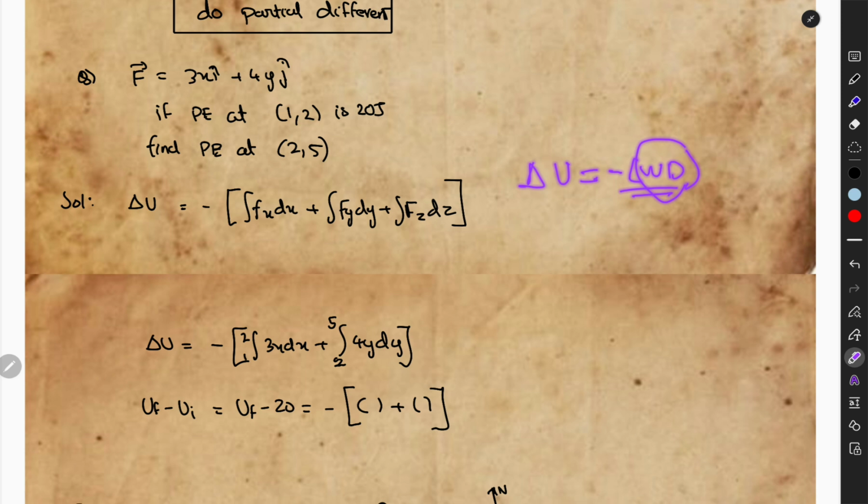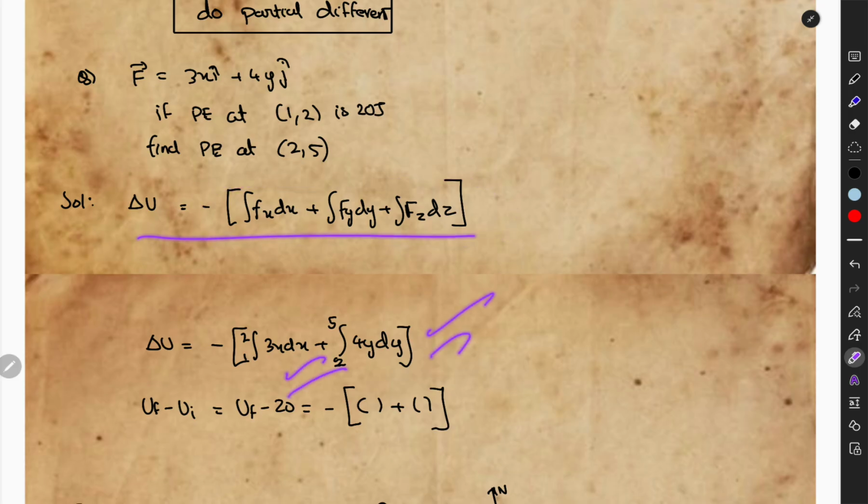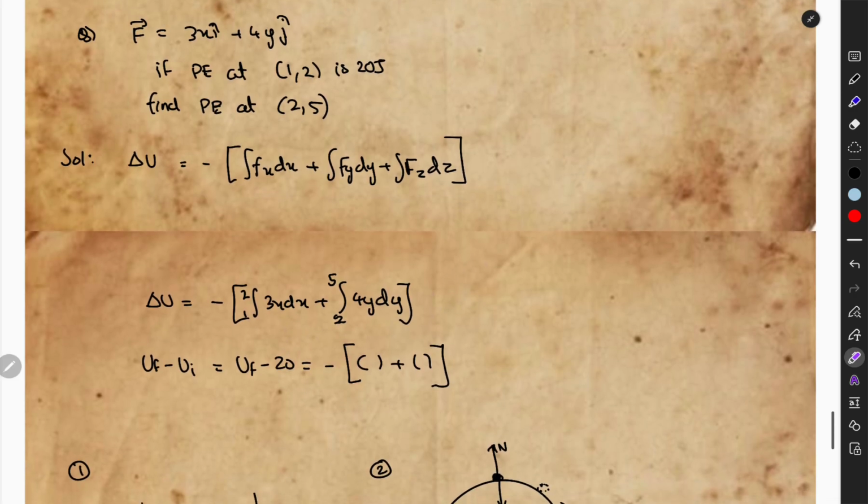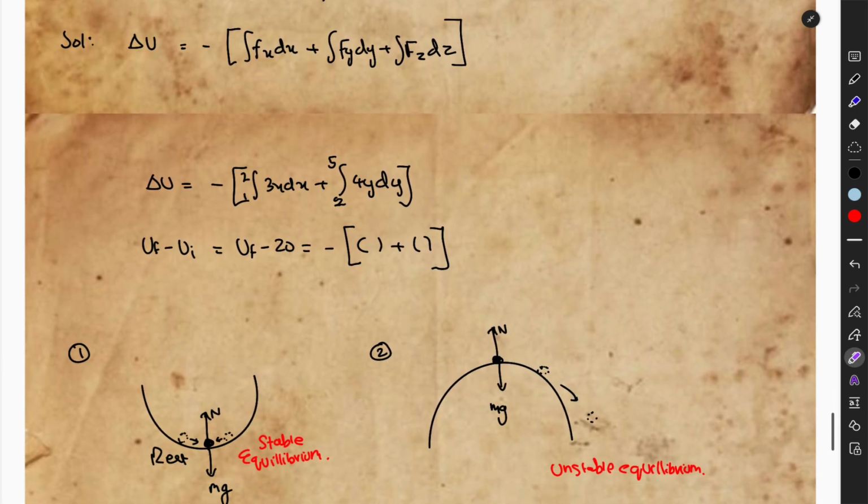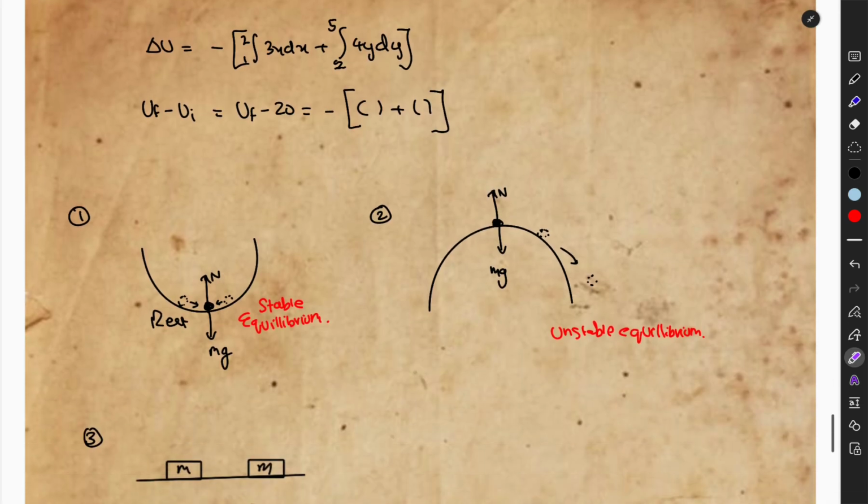Work done we have studied long before in the previous video: Fx dx plus Fy dy. I hope you understand, just the same formula here, and just integrate and you will get the final answer. U final minus U initial will be equal to the final answer.